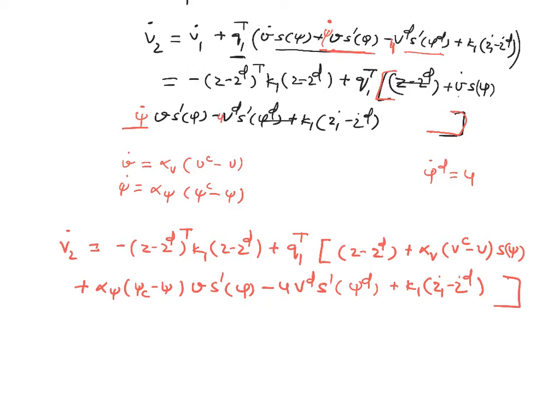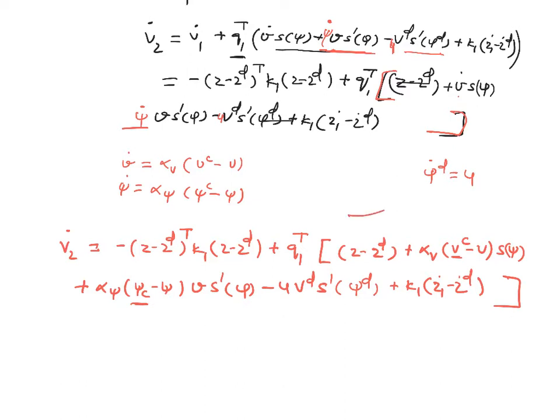Okay, now the problem is alpha. See, my objective is to choose these things, v command and psi command, such that this becomes negative definite. Negative definite means you have this Q1 transpose into some Q1, minus of Q1, basically.